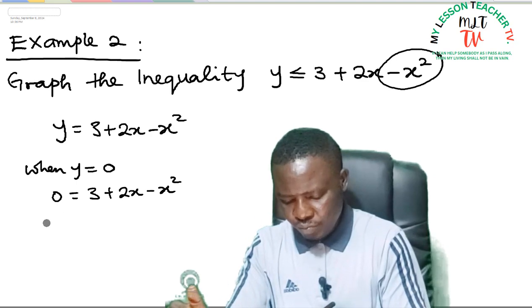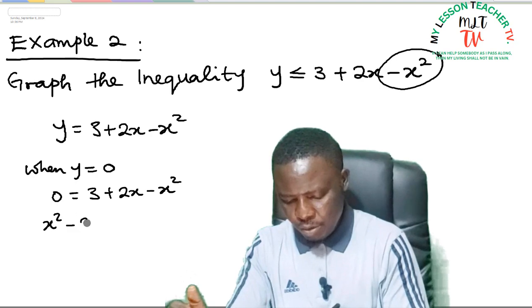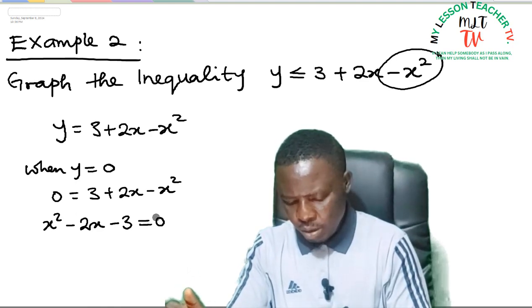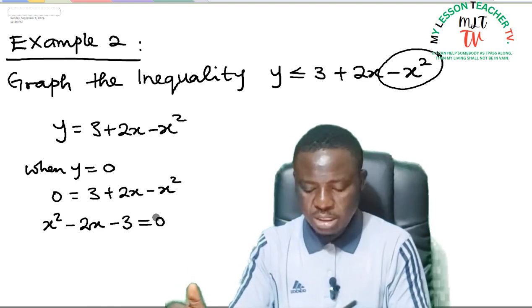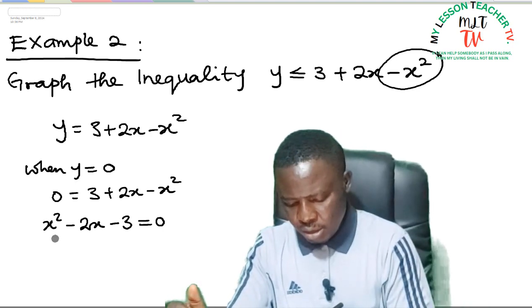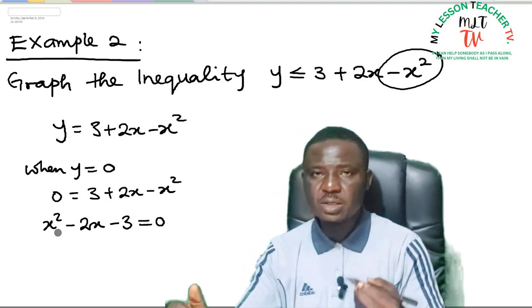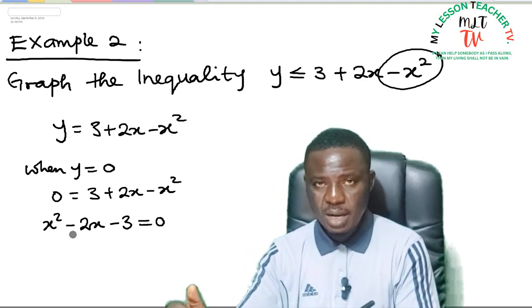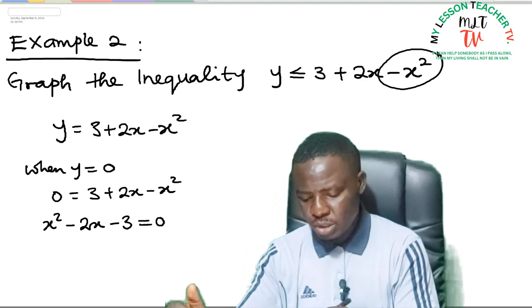And I can write this as x squared minus 2x minus 3 is equal to 0. I have rearranged them. And then this is a quadratic expression. Let's solve it. What are those two factors that when you multiply together, it gives you the product of the first term and the last term? And when you add them together, it gives you the middle term.